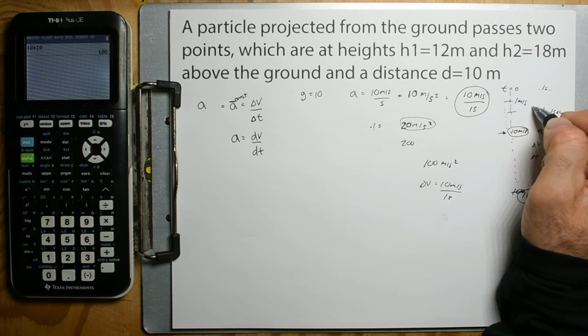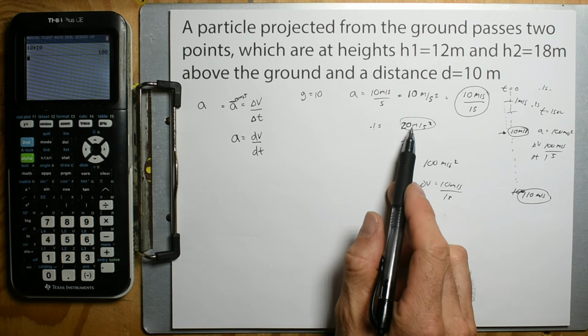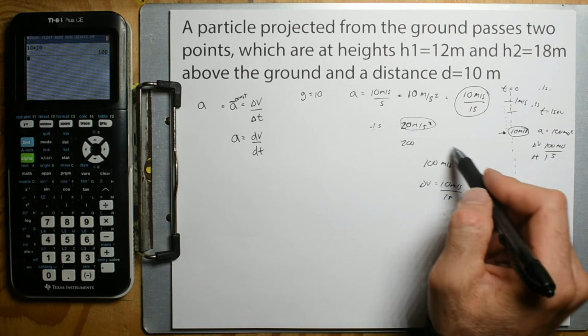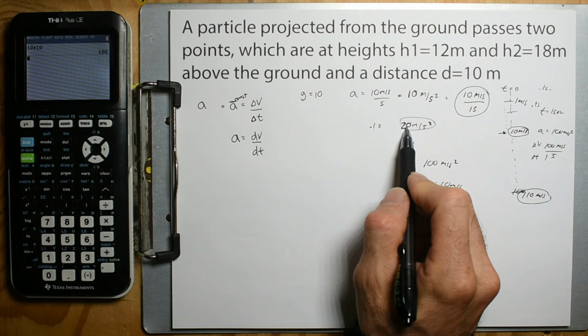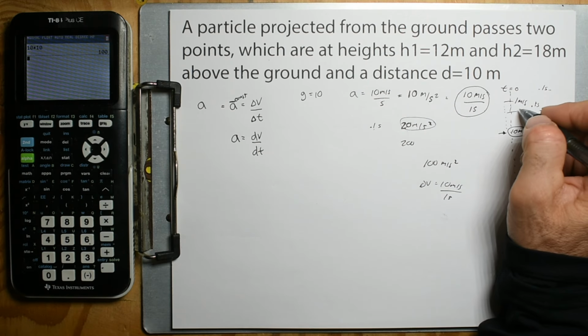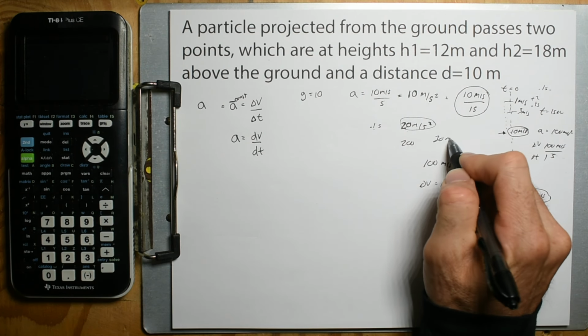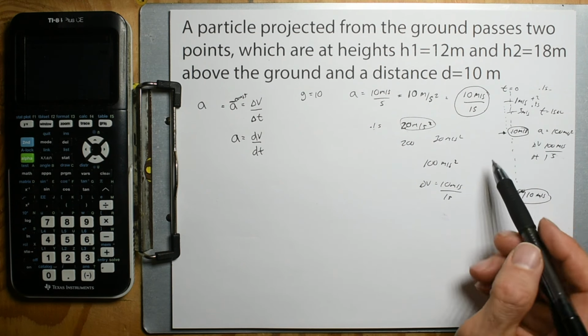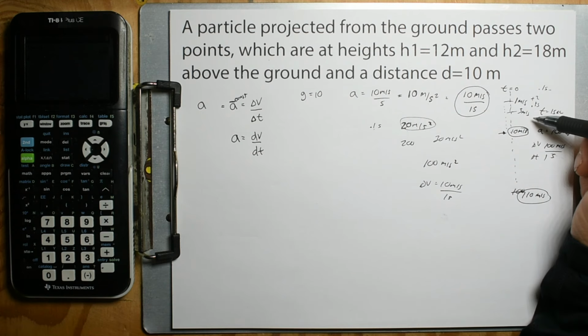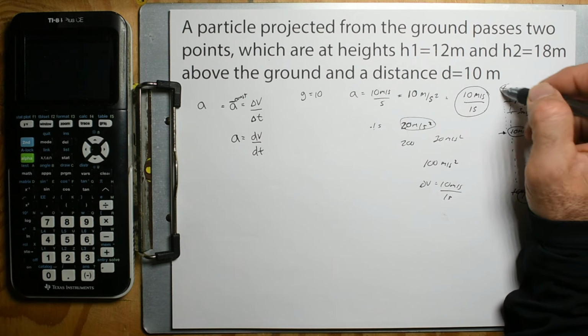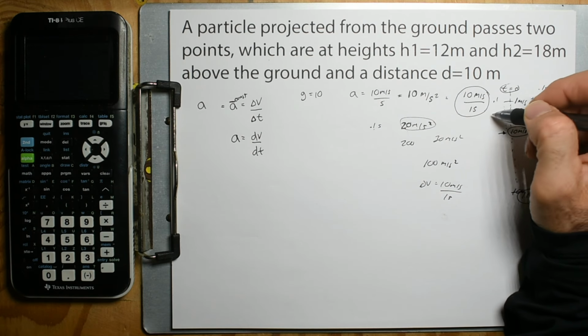I'm going to run that for another tenth of a second. Not a full second, but just a tenth of a second. So now my speed increases by 2. So I went from 1 and then plus 2. So now I'm at 3 meters per second. Right here, my speed is going to be 30 meters per second. And so then I'm going to, and this is time 0, time 0.1, time 0.2.